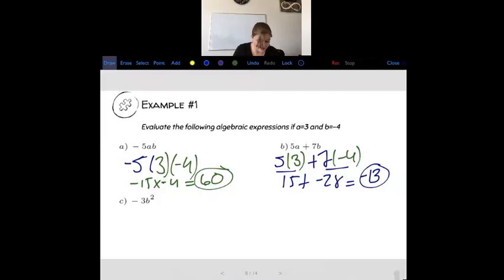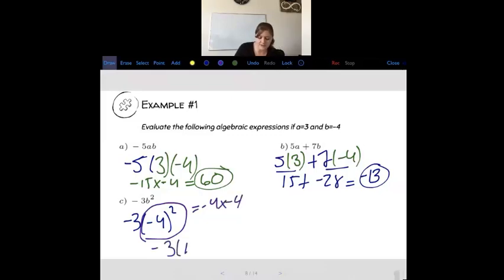For example C, this is negative 3 times b squared. So we plug in negative 4 for b. With order of operations, we're supposed to do exponents first. So we evaluate negative 4 squared first. Remember, this means negative 4 times negative 4. So this becomes negative 3 times 16, which is equal to negative 48.